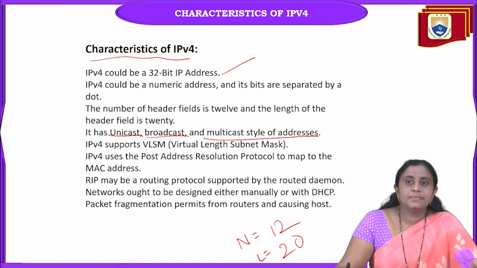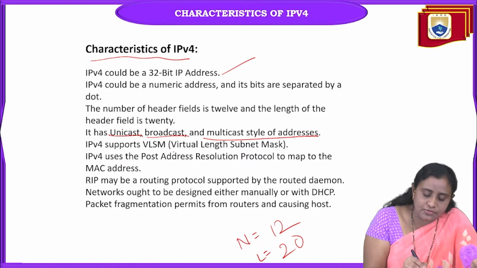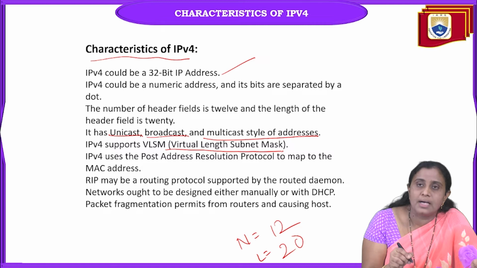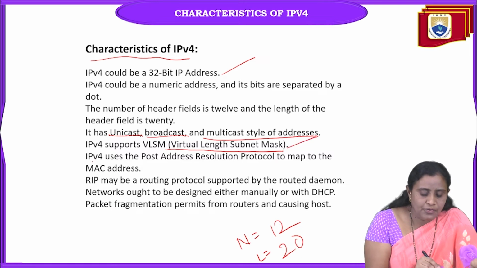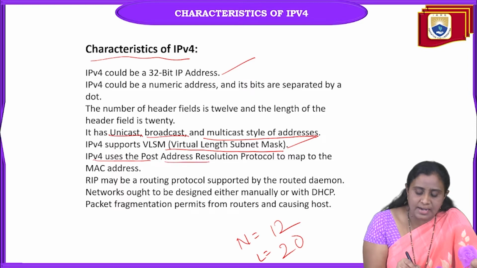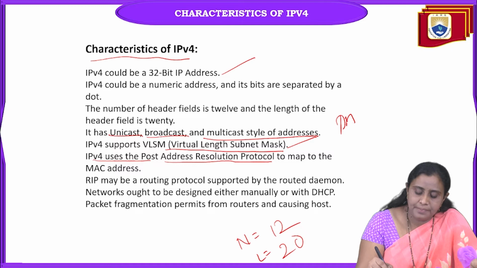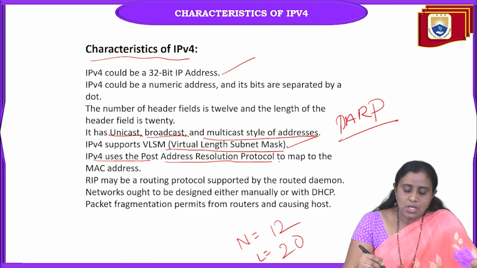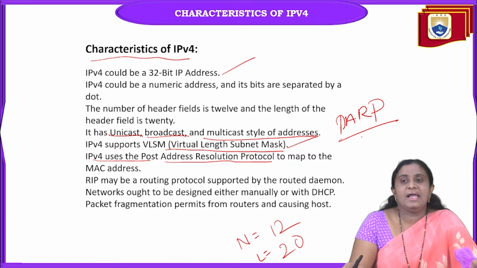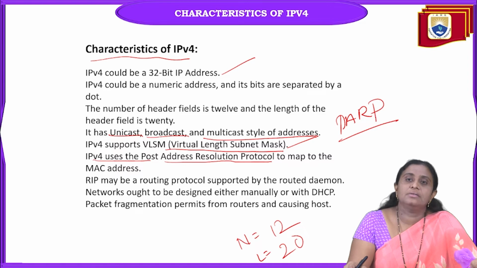IPv4 supports VLSM, which we can call variable length subnet mask, and IPv4 uses the address resolution protocol, ARP, to map to the MAC address.